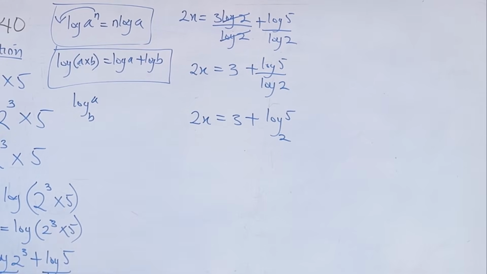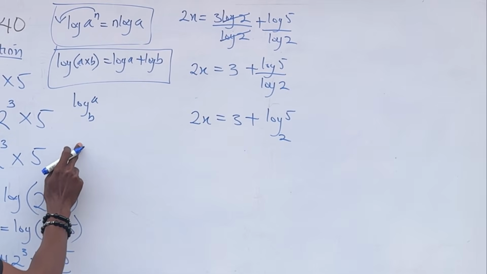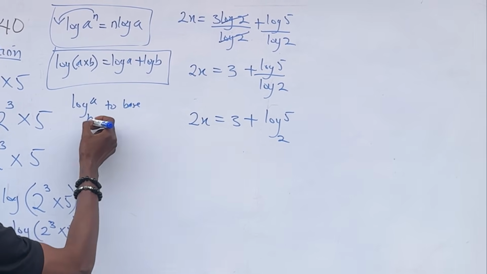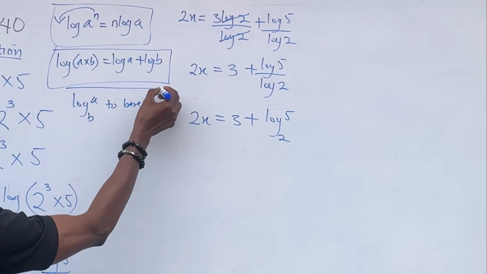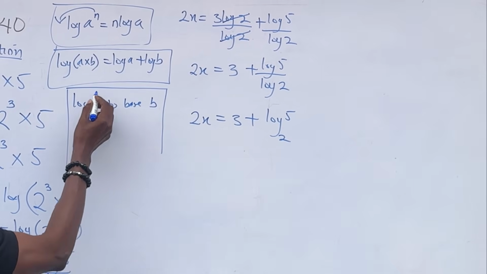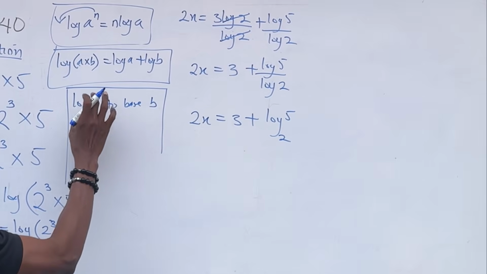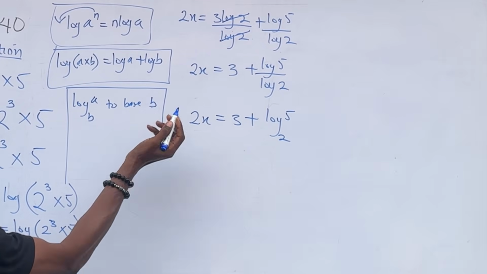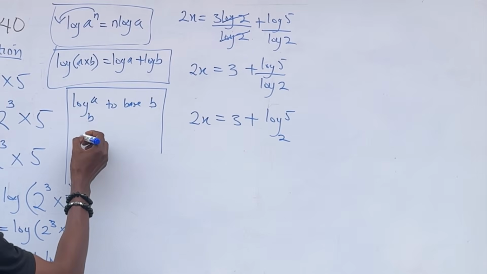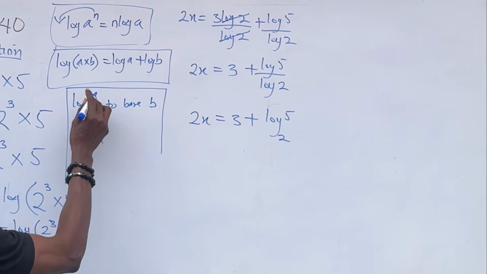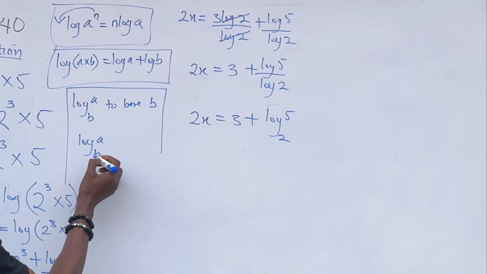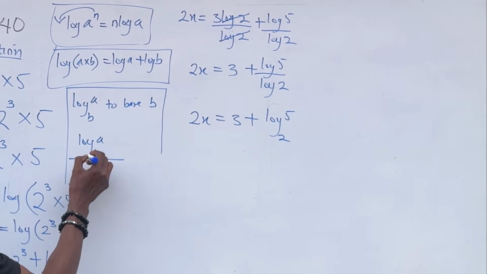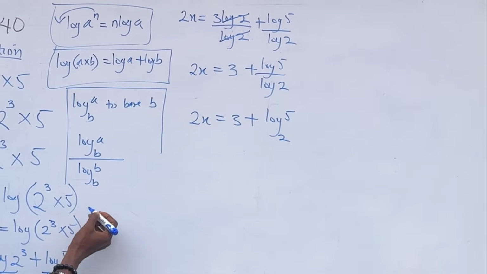If you have log a base b, and you want to change this logarithm to another logarithm whose base is, say, c, it can be anything, it will simply be log a to the new base, divided by log b to that new base.